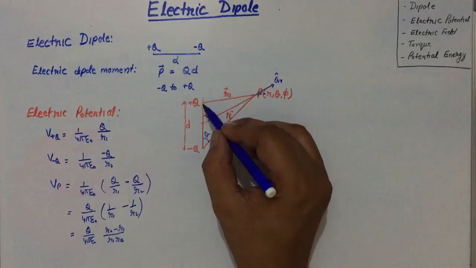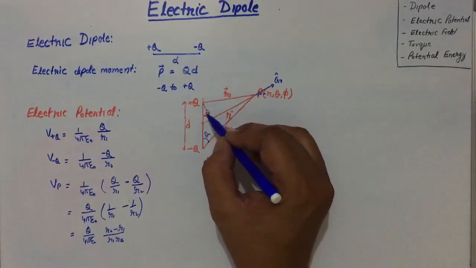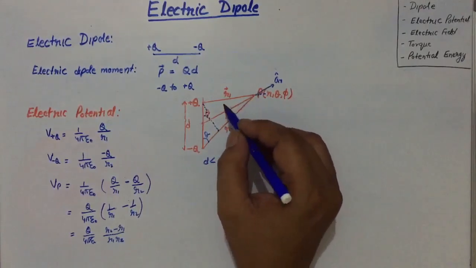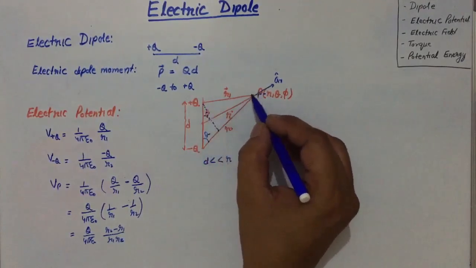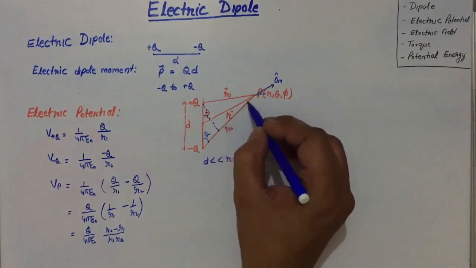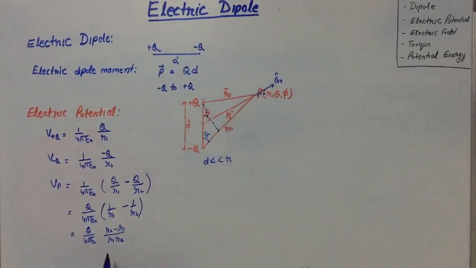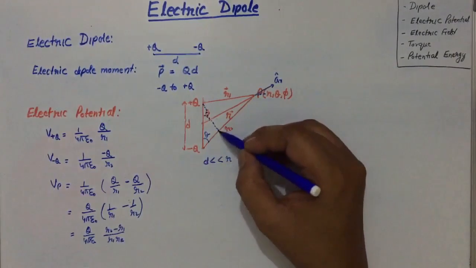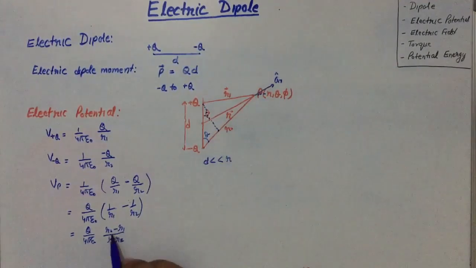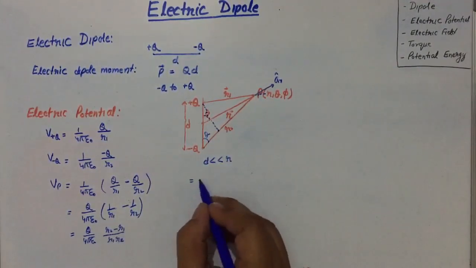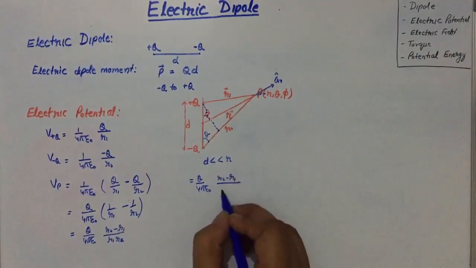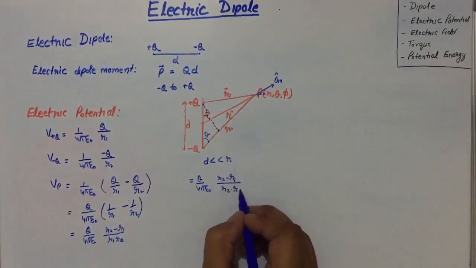And if we reconstruct like this to make this length and this length equal, then R2 minus R1, that is here, can be written as Q by 4 pi epsilon naught times (R2 minus R1) divided by R2 into R1.